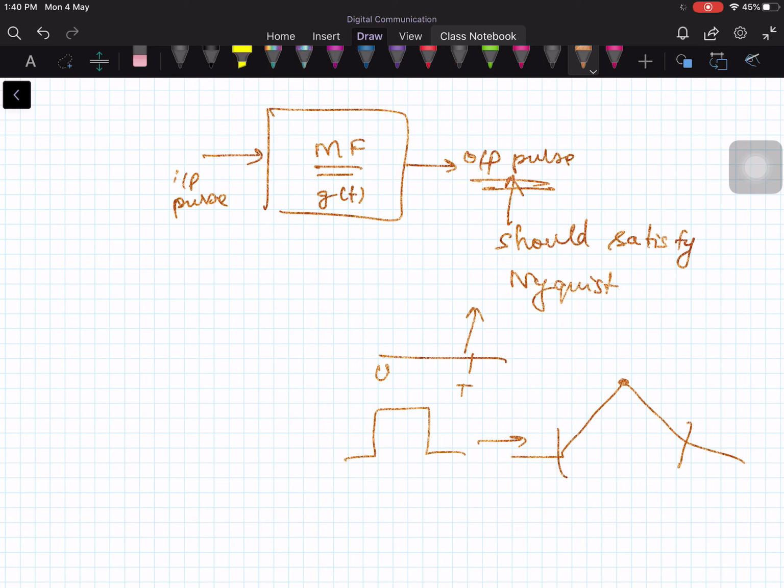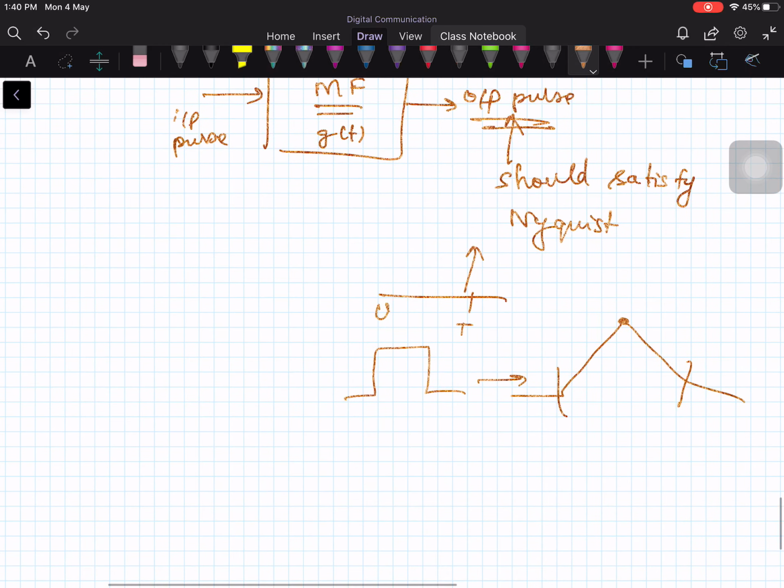We don't care what the response is at other time instants. This is something we are familiar with, and we have discussed that separately at length when discussing the transmission of pulses in band-limited channels.